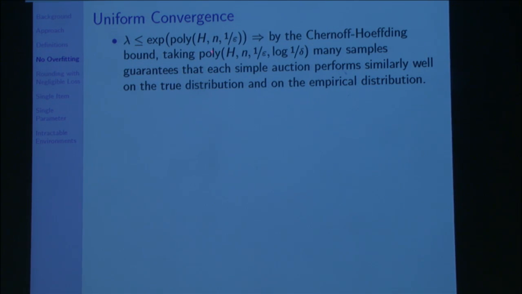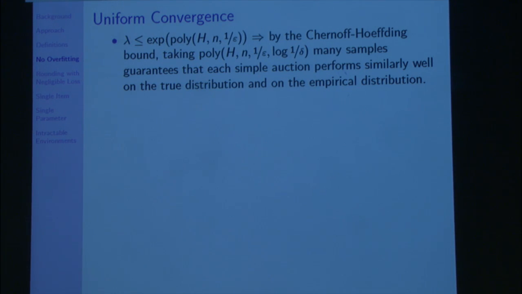Taking the log of that and poly in log 1 over delta many samples guarantees that each H epsilon simple auction performs similarly well on the empirical distribution as on the true distribution. I remind you that the revenue of an auction from a distribution is the expected revenue from the distribution.